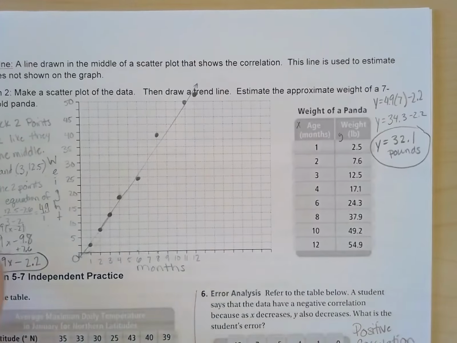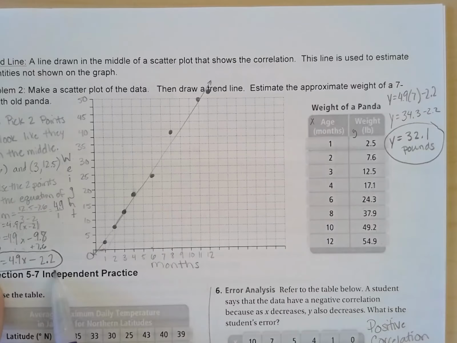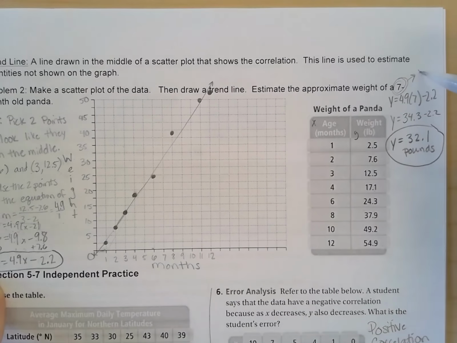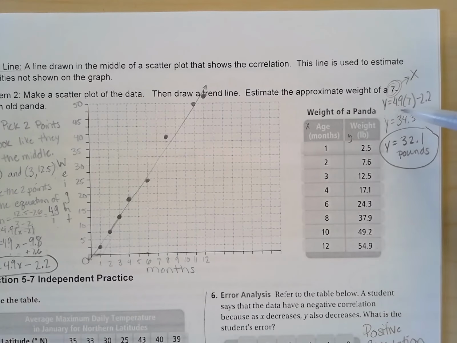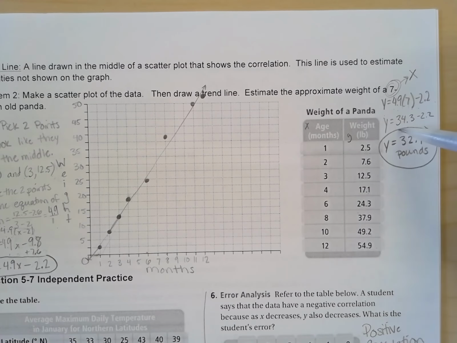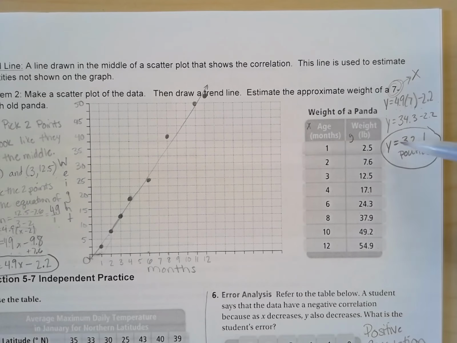So then, once you have an equation, whether it's in point-slope form or slope-intercept form, you just need to plug in 7 for x. So I did y equals 4.9 times 7 minus 2.2. And then I just had to solve. So if I multiplied this, 34.3 minus 2.2 would give me 32.1 pounds.